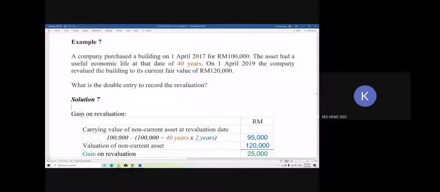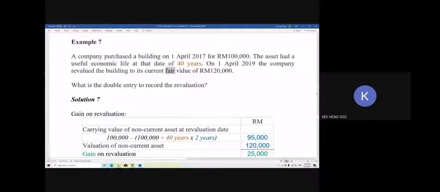I think in last week's tutorial, I gave you the alternative solution. The accumulated depreciation is deducted from the asset first, then only compared with your fair value.